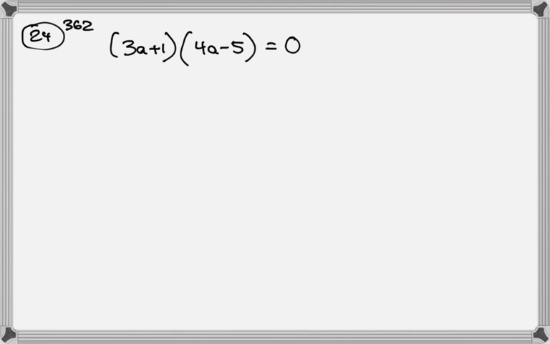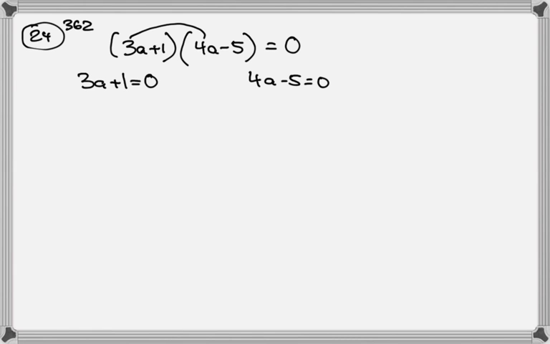So what do you do? Solve for a twice, so the 3a plus 1 would be one factor, and the 4a minus 5 is another factor.